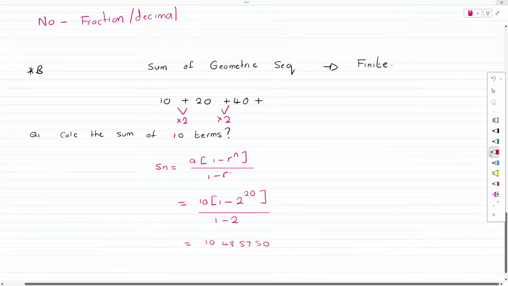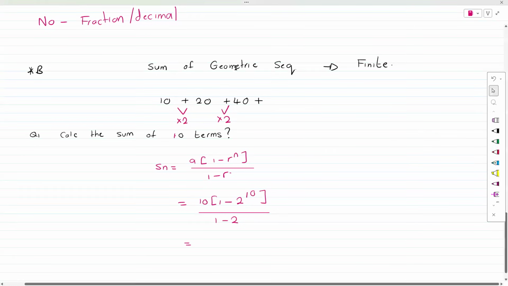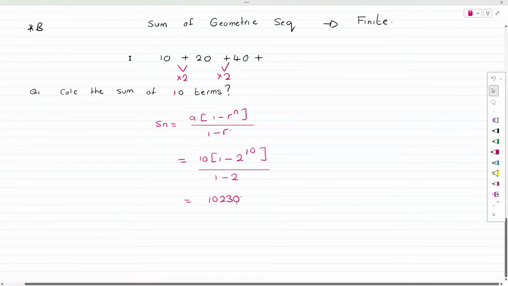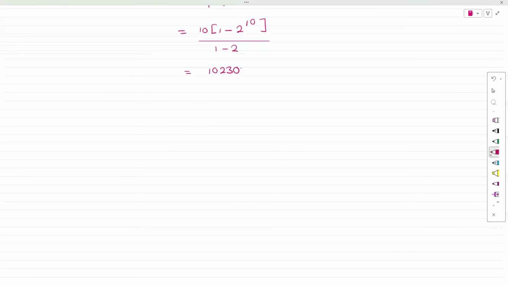Let's make it more realistic to deal with, and let's change this to 10. I made up this question, so yeah, okay, that's a little bit easier to work with for calculations. So that's 10,230. I mean, 20 terms was correct as well. It's just that to keep using 10 million, it's going to be kind of annoying.